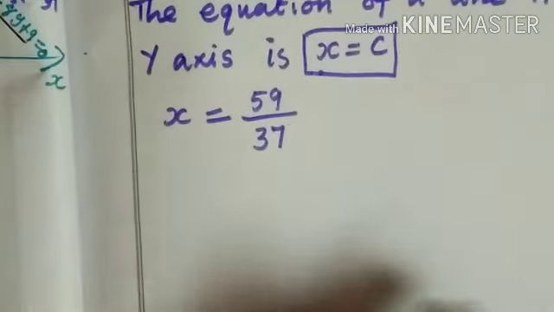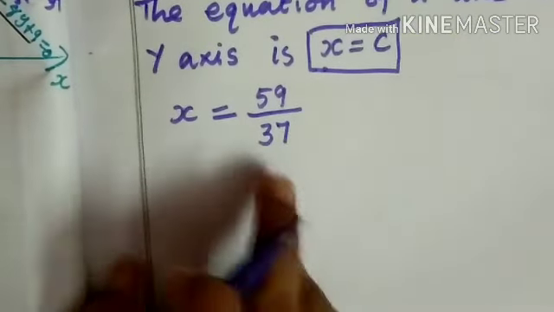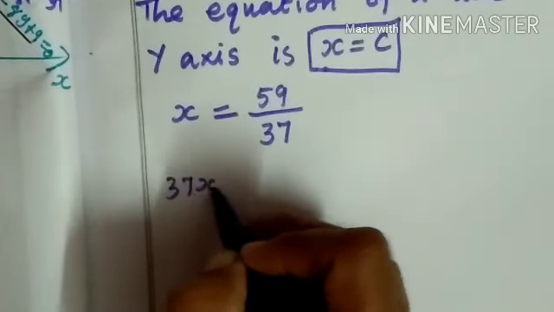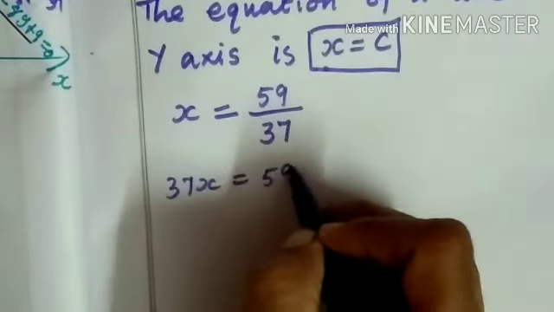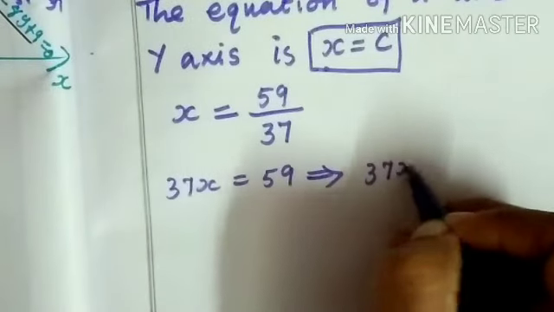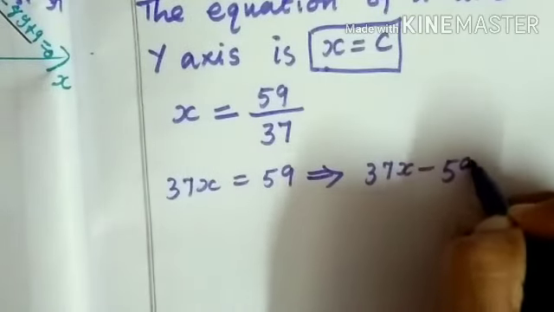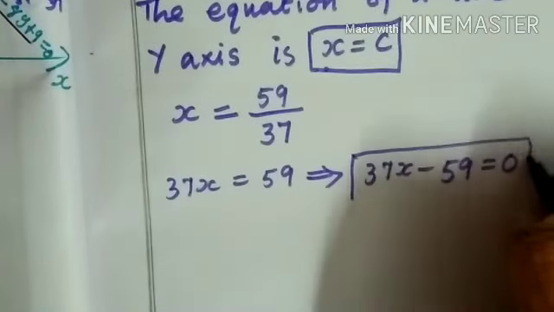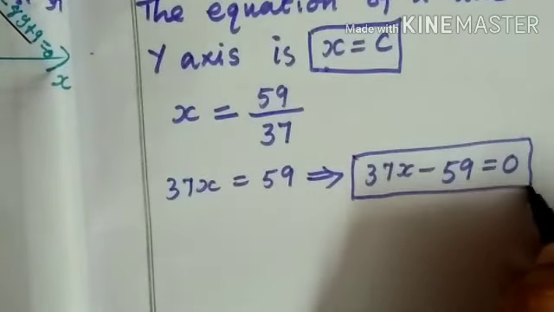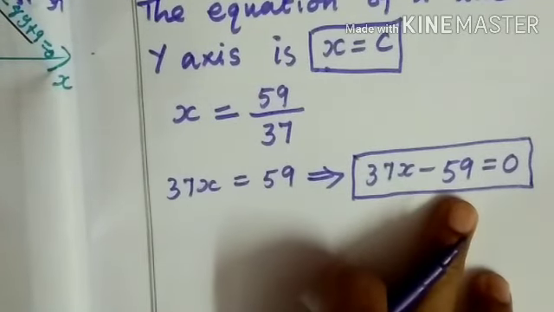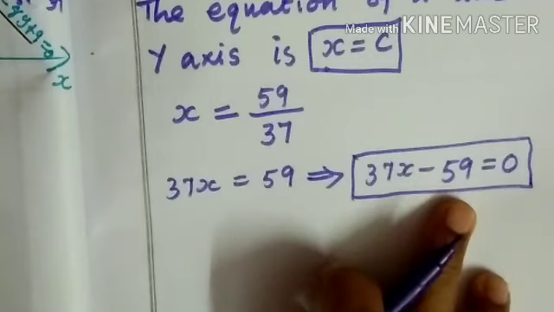Now you have to write this in standard form. Cross multiply this, means we get 37x is equal to 59, that is 37x minus 59 is equal to 0. Hence the equation of the straight line which is parallel to y-axis is 37x minus 59 is equal to 0.